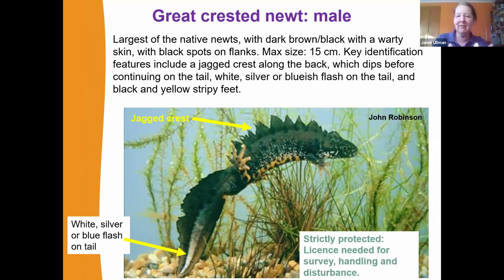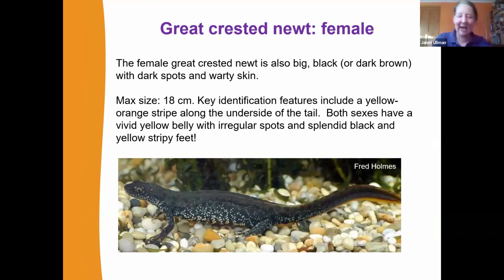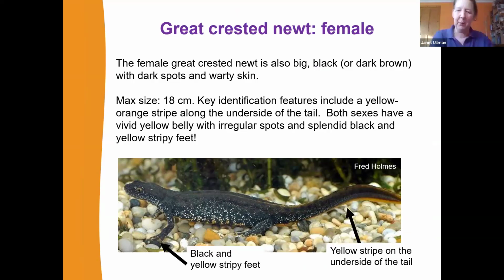And this is the female, again warty, with a very rich yellow and black belly, and stripy yellow, classic to look for. Again, the female has a yellow stripe on the underside of the tail.